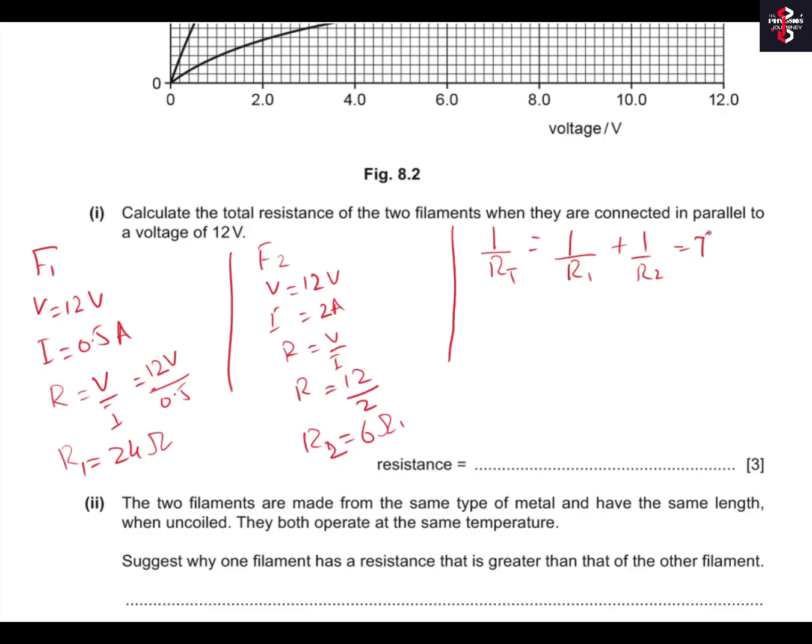It will give us R total equals R1 R2 by R1 plus R2. So 6 multiplied by 24 by 6 plus 24 gives us 4.8 ohm. So the total resistance is equal to 4.8 ohm.